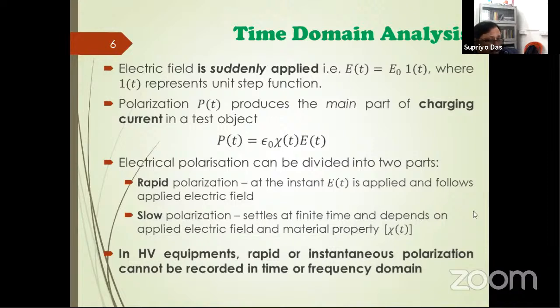Another is slow polarization, which takes some finite time to settle down; it depends on the applied field and definitely on the material property also. Rapid polarization is instantaneous. However, in high voltage equipment, this rapid polarization cannot be recorded in either time or frequency domain. So in most cases, we talk about the slow polarization, which settles with time.